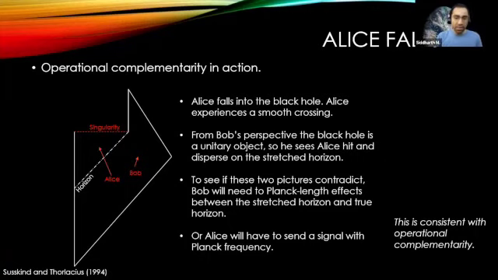So you can see that this is consistent with the way I formulated operational complementarity, because it said you can't have a violation of quantum mechanics as long as you don't have access to Planck scale physics. So this restriction on Planck scale physics is preventing Bob from seeing any potential violation, even though at some level of description, it seems like there must be some contradiction going on.